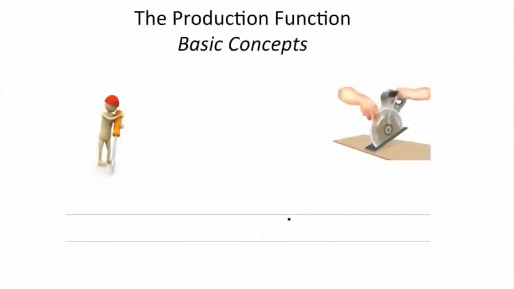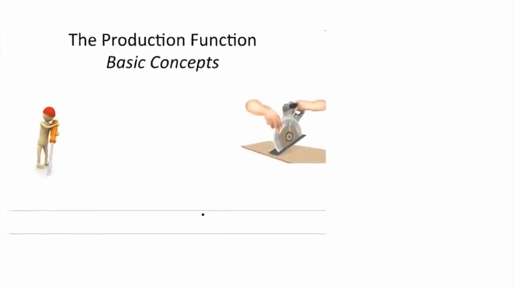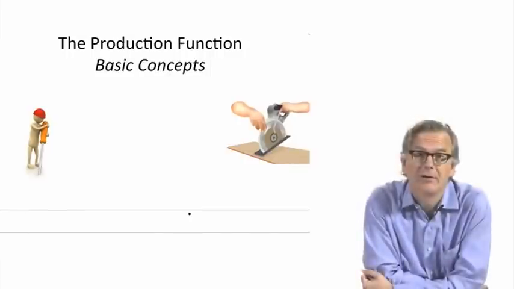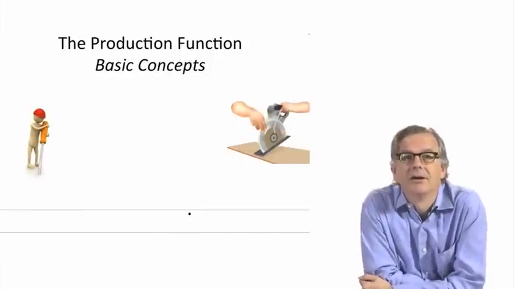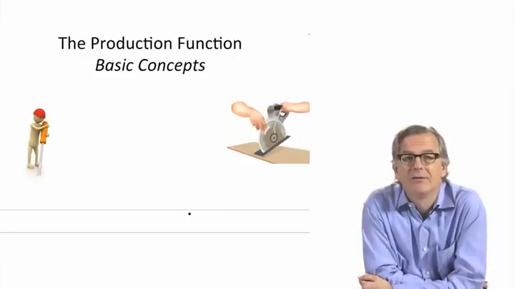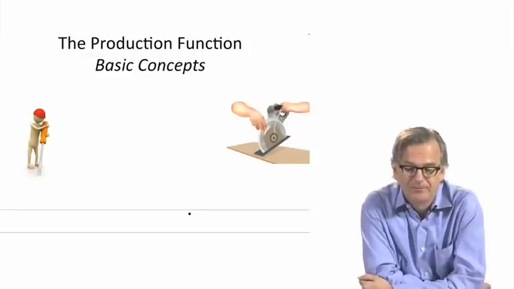So let's begin constructing those theories. And I'm going to start with a very important concept, the concept of the production function. And almost all, actually probably all, economic models of economic growth start with this very important analytical device.